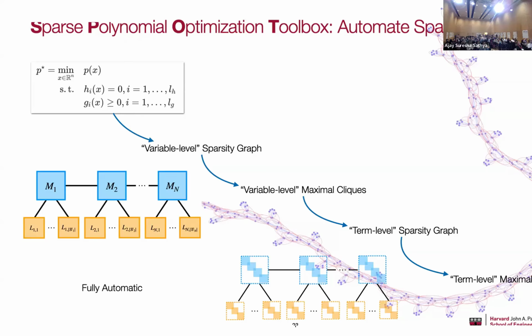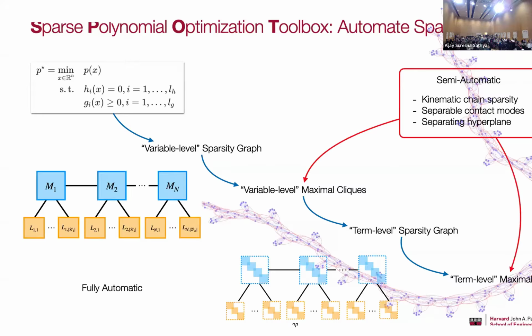And then as a practitioner, if you have certain domain expertise and you want to try out your own sparsity patterns, you could also do a semi-automatic way where you specify some of your own sparsity by grouping variables together and asking the parser to parse it for you. Okay, and then this is implemented in C++, with bindings to Python and MATLAB.